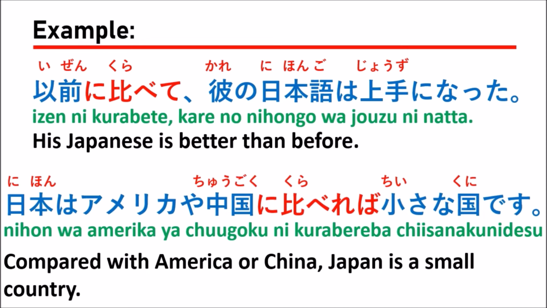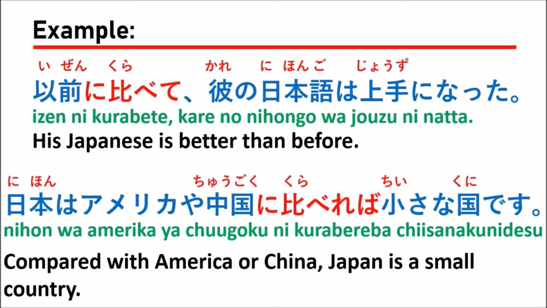So 以前に比べて彼の日本語は上手になった means maybe you met your friend last week or one year ago, but now, compared to before, his Japanese is better.